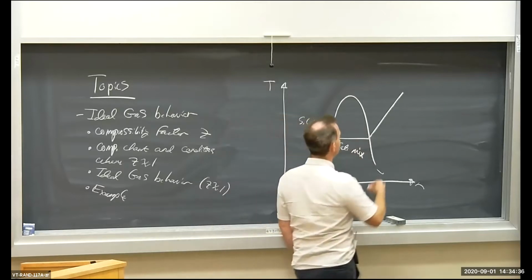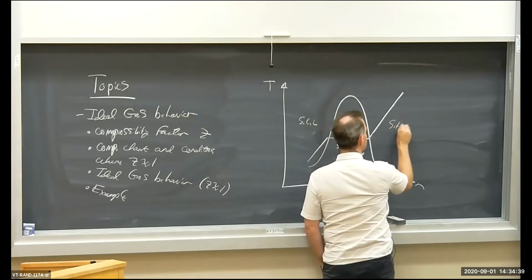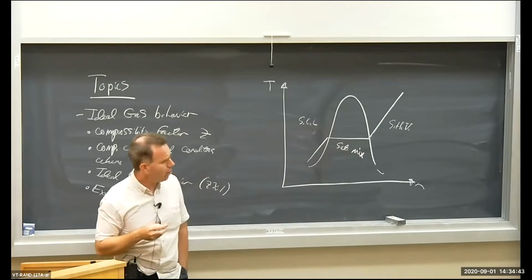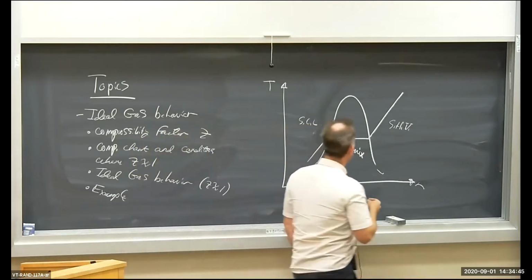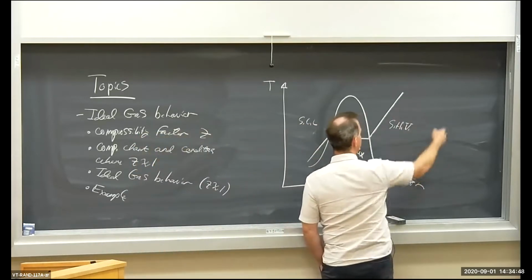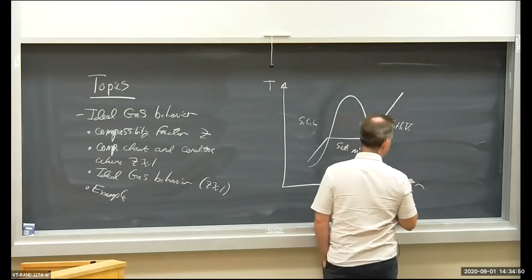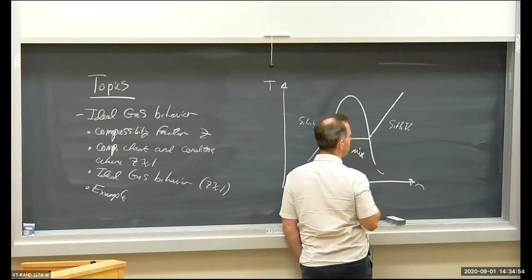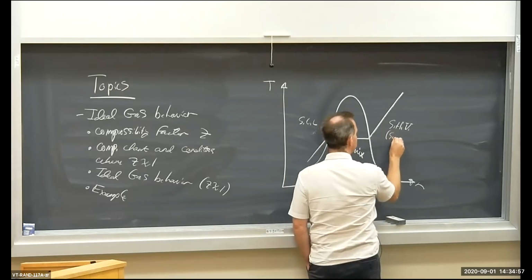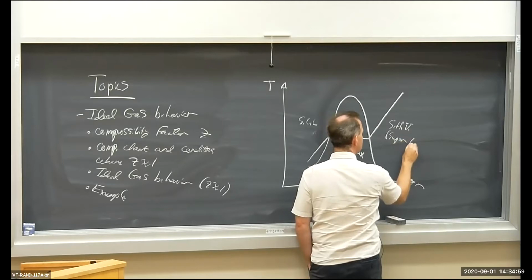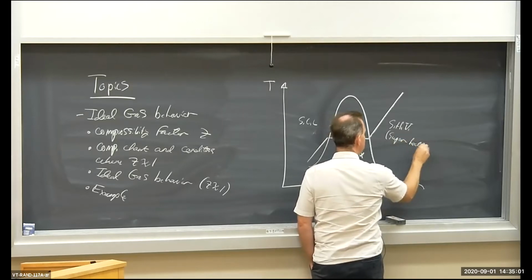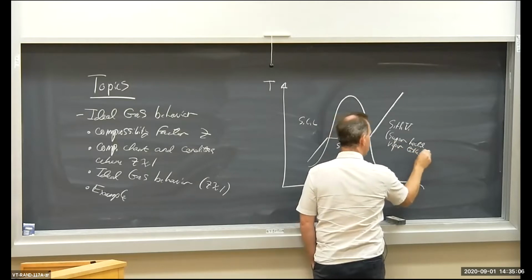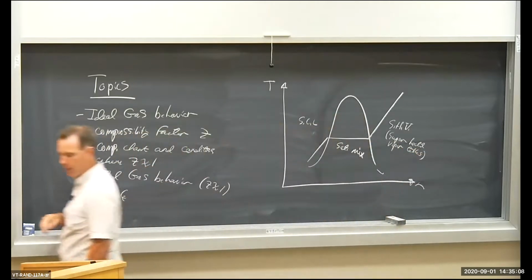And then out in here, we have superheated vapor. What we finished off last time was that to get properties of a superheated vapor, we use what are called superheated vapor tables. Sometimes they're called steam tables if we're dealing with H2O. And I think I showed you this last time.